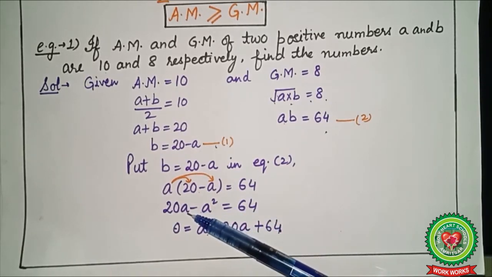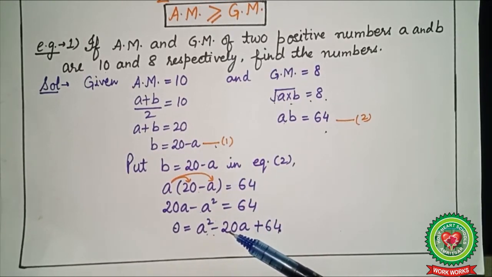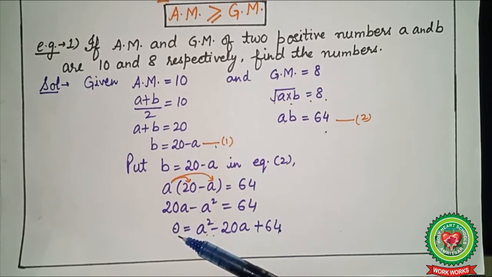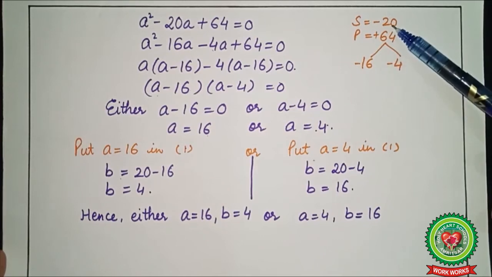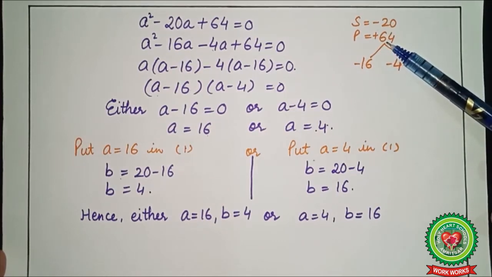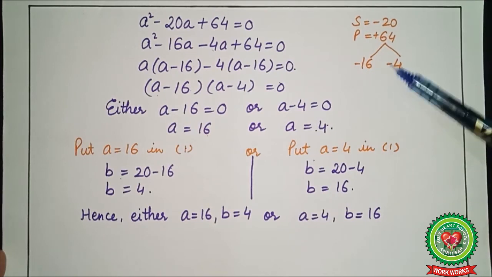On shifting terms to one side, we will get A square minus 20A plus 64 equal to 0, which is a quadratic equation. Now we can solve this quadratic equation by sum product rule. Sum is minus 20, product is plus 64. So factors are minus 16 and minus 4.